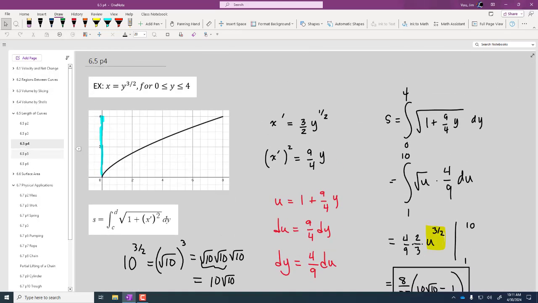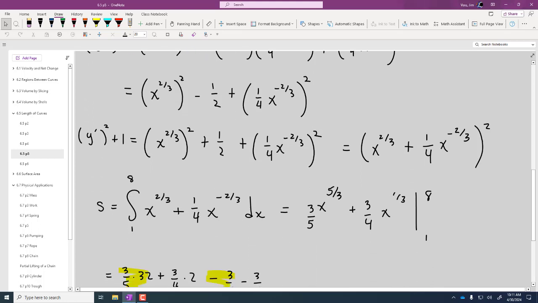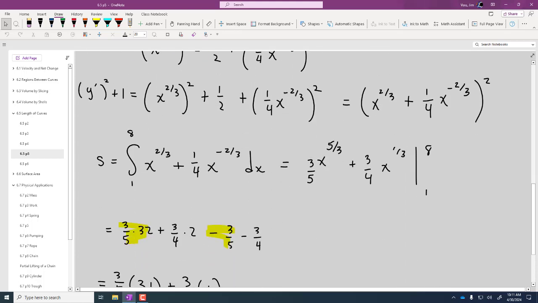Let's see, that one was easy. So we had to have this really concocted curve. And when we found the derivative and squared it, we ended up with a -1/2. So then when we added the 1, the only change was to the middle term, which turned our difference of squares into a sum of squares. Remember that?